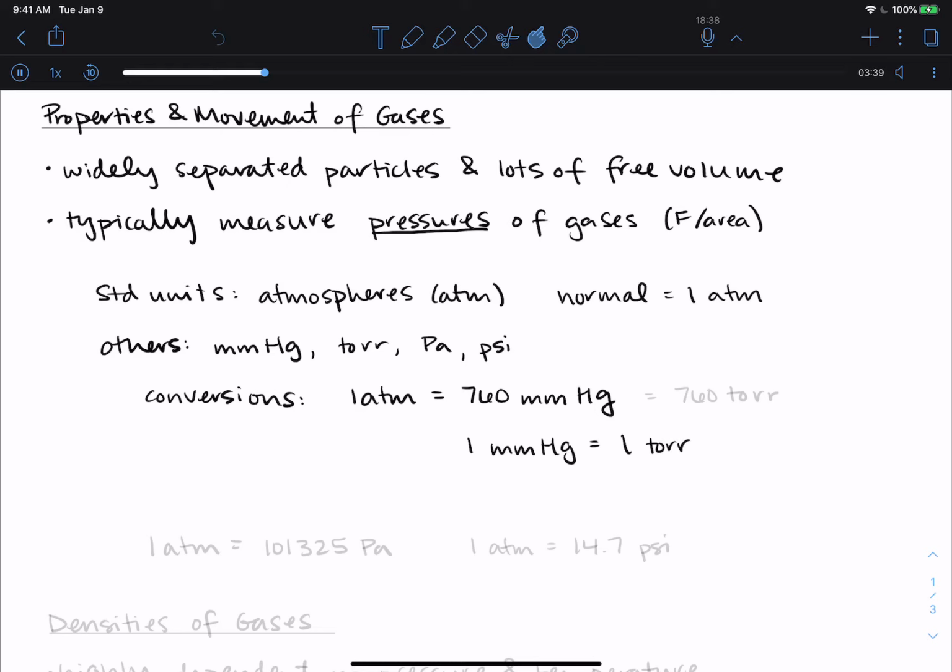So 1 atmosphere is also 760 torr. 1 atmosphere is equal to 101,325 pascals, and 1 atmosphere is equal to 14.7 pounds per square inch.